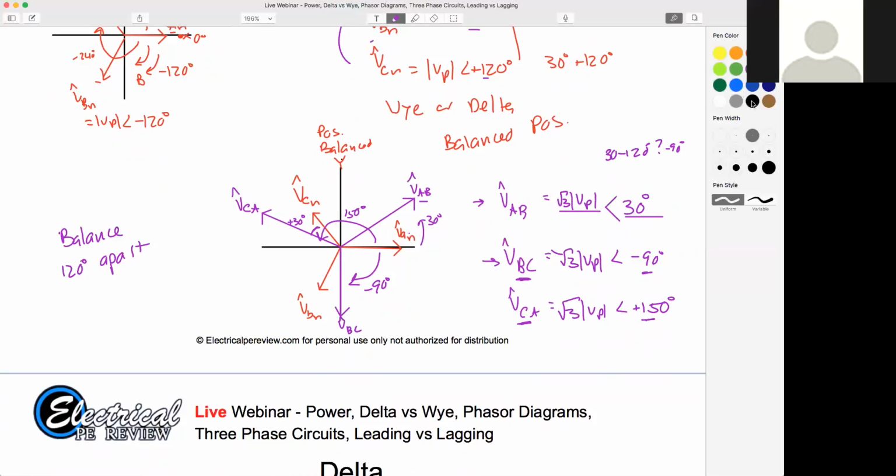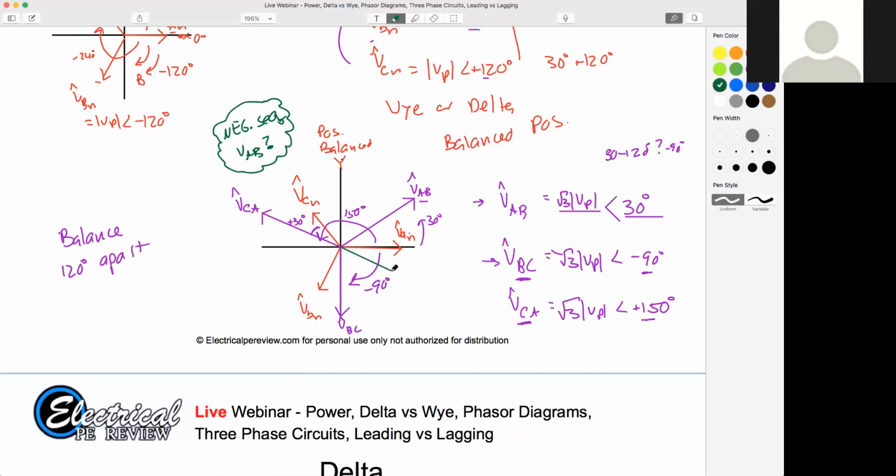And how about really quick, I'll ask one trick question. If this was negative sequence, where would VAB be? What angle would VAB be if this was a negative sequence? Minus 30, perfect, exactly.